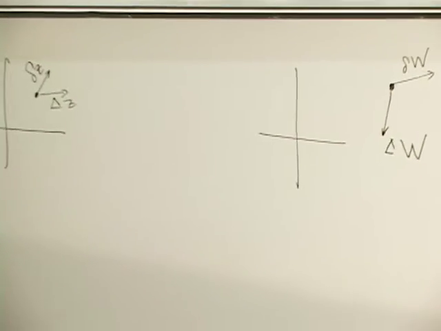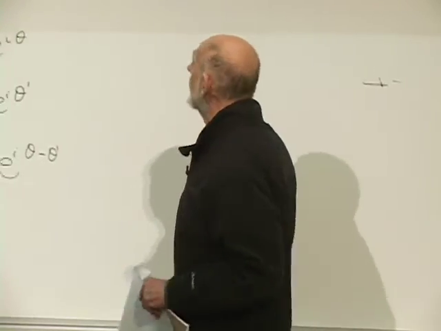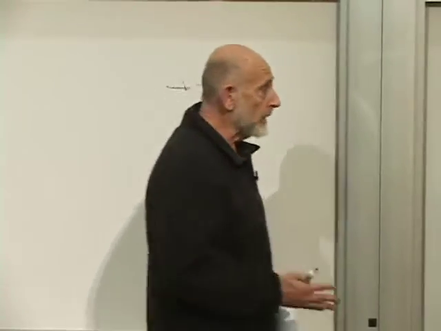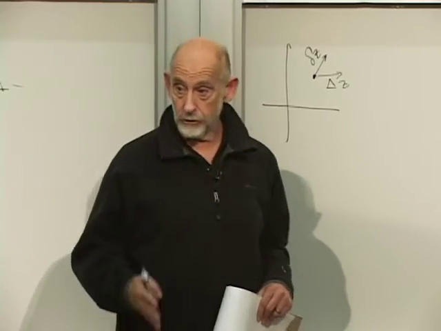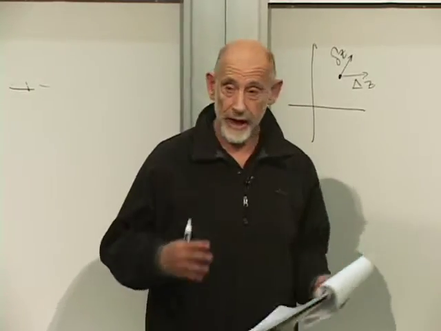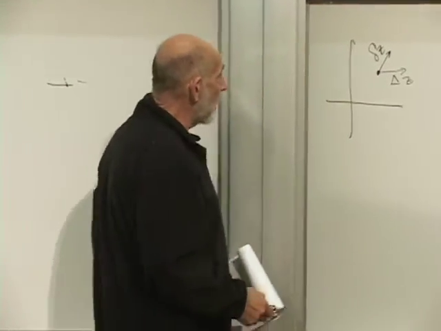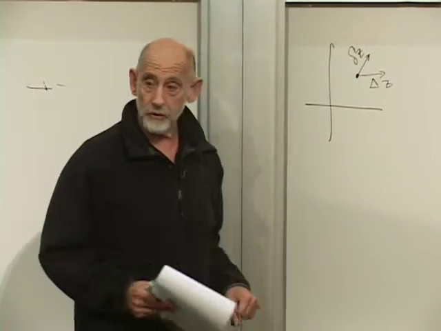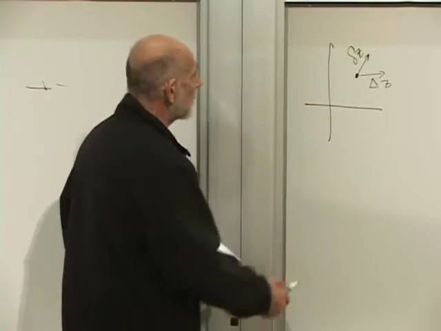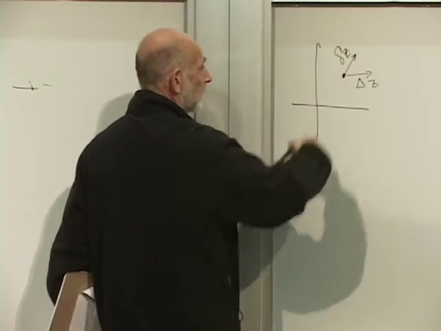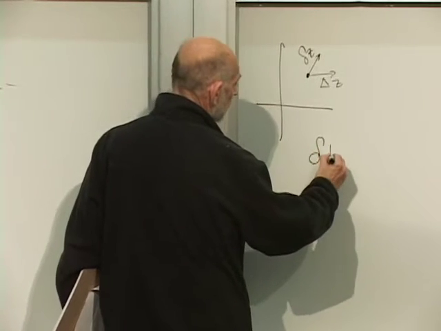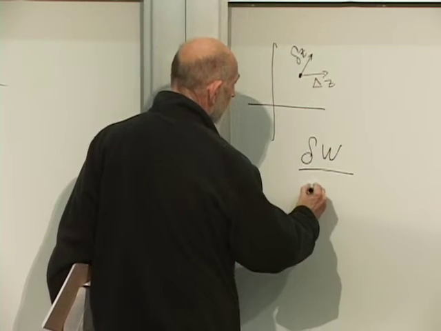Good. Now what do we know, assuming it's an analytic mapping? In other words, assuming that the Cauchy-Riemann equations are satisfied, assuming that the function w is an analytic function. What we know is that the derivative is well defined and doesn't matter which direction you come in along. What is the derivative if I come in along the delta direction? It's just delta w over delta z, right?